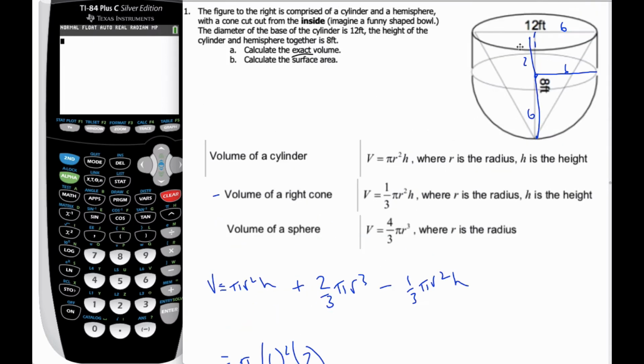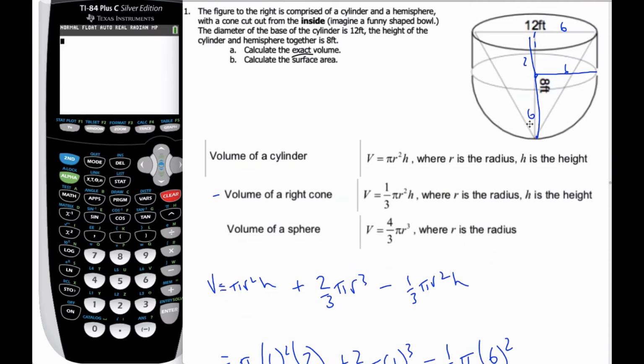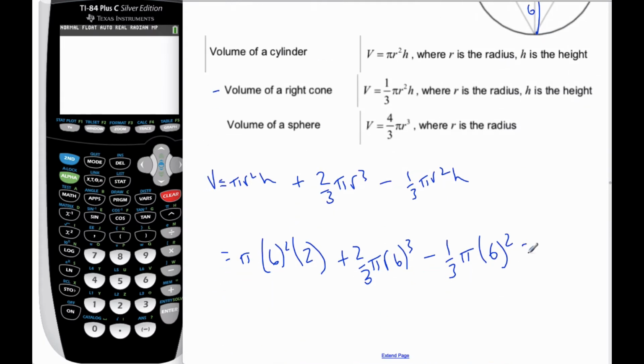Getting that height is a tricky one, because you have to get this radius being 6. And so then I add 2/3 π, my radius is 6 cubed, minus 1/3 π 6 squared, and the height of my cone inside is 8.